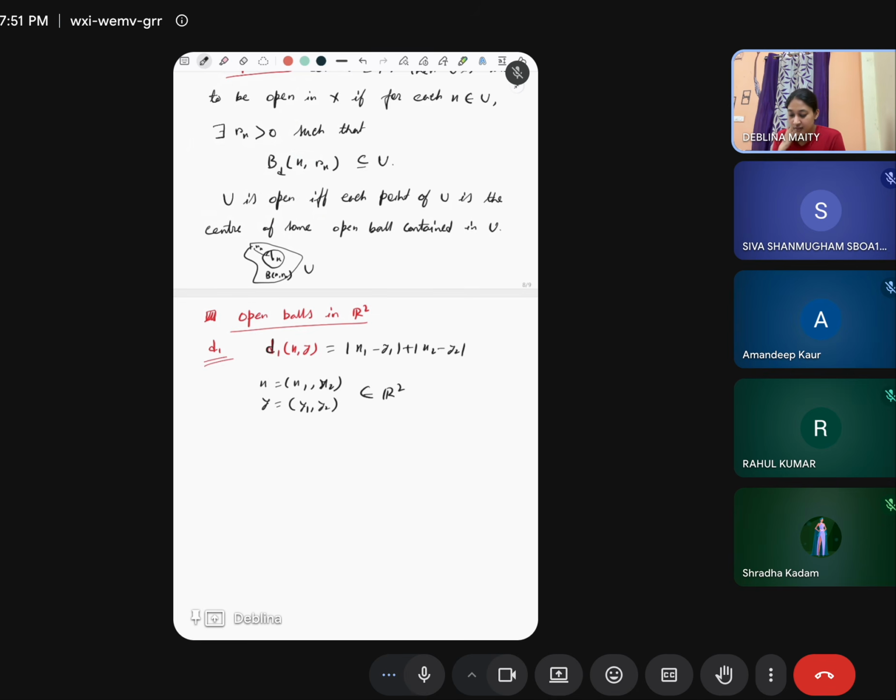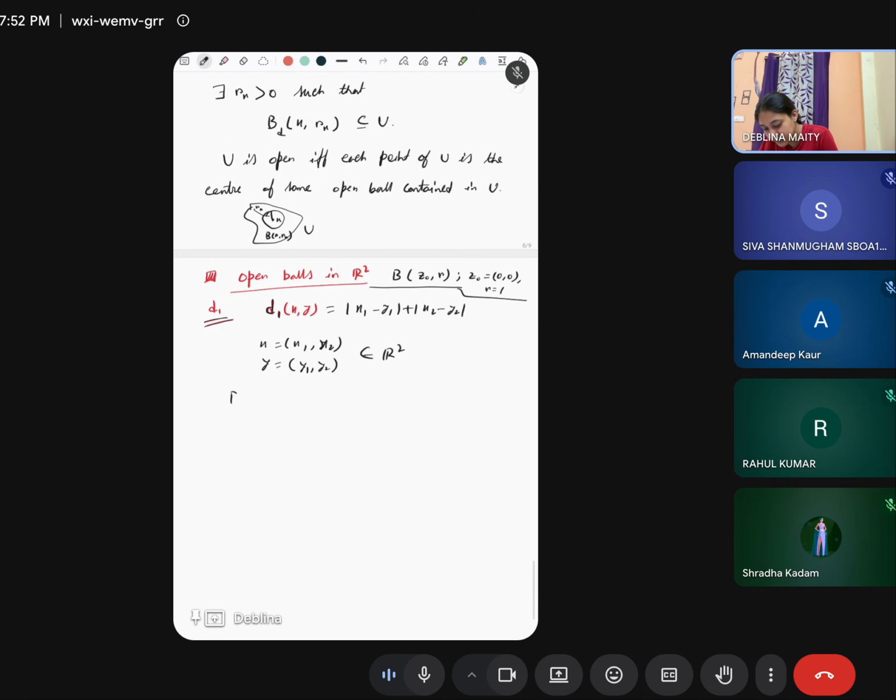So d1 is a metric in R2, and we want to see what the open ball in R2 centered at (0,0) with radius 1 looks like. So we are looking at B(z0, r), where z0 is (0,0) and r is 1.